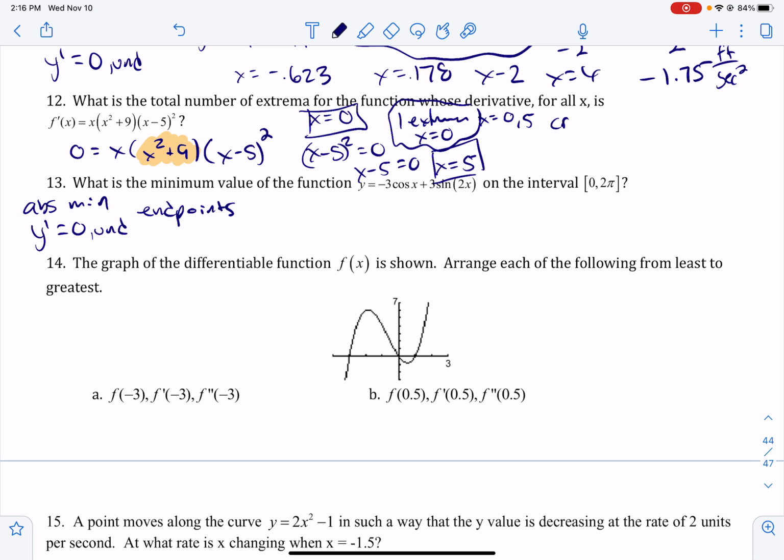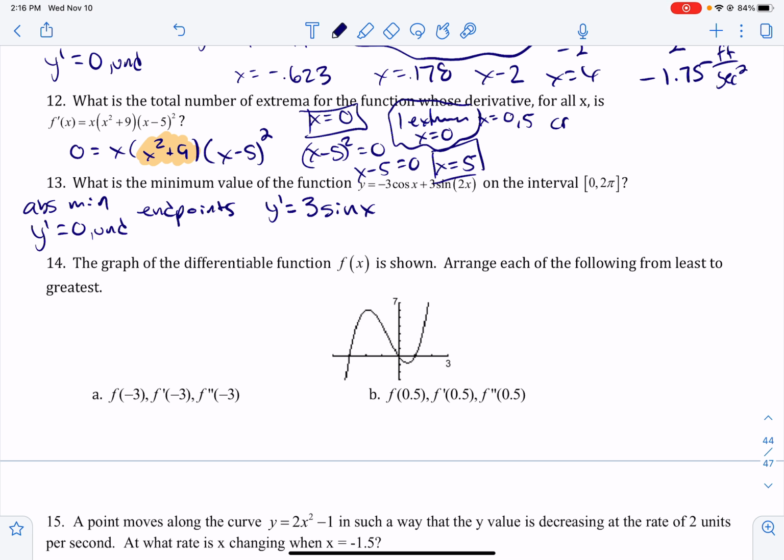So first things first, let's get y prime. So the derivative of -3 cosine x. Well, the derivative of cosine is negative sine. So that's going to take my -3 and turn it into a +3. So I get 3 sine x. And then the derivative of 3 sine of 2x.